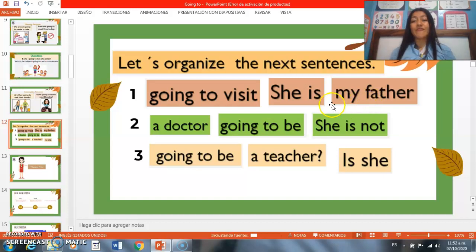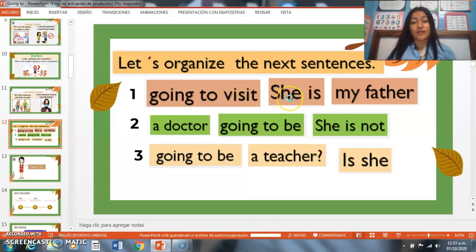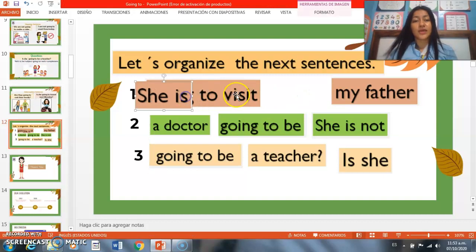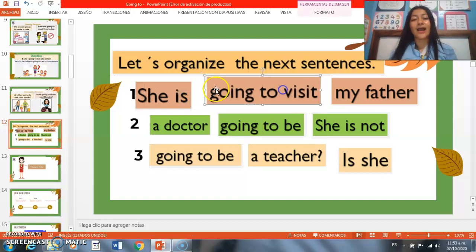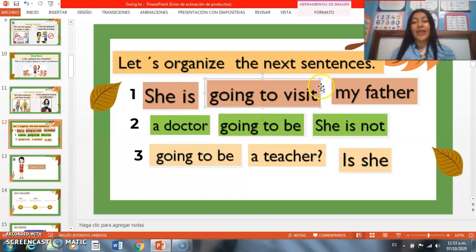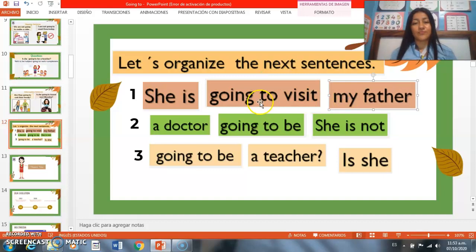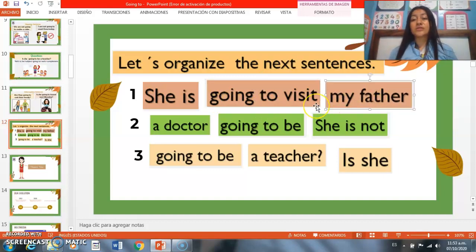The first part is she is. Going to visit is the second part, and my father. She is going to visit my father. Something already decided.